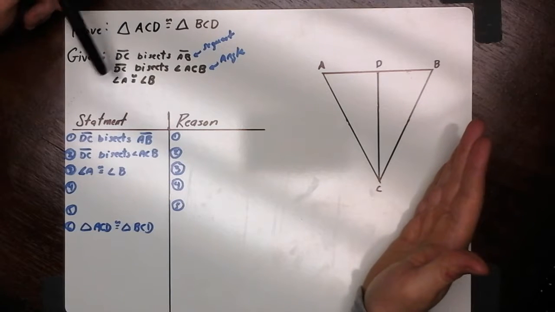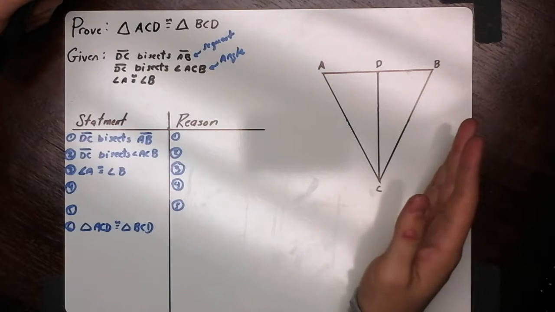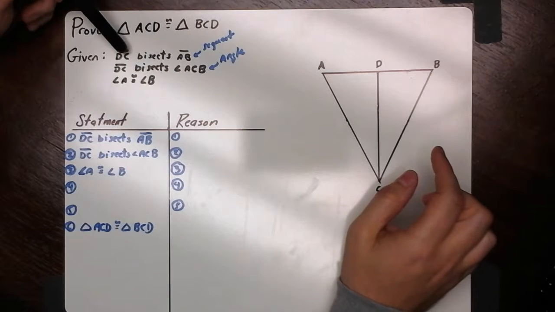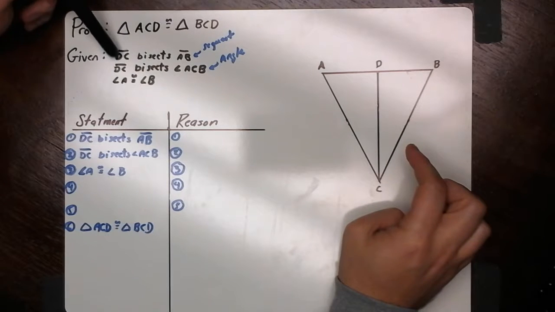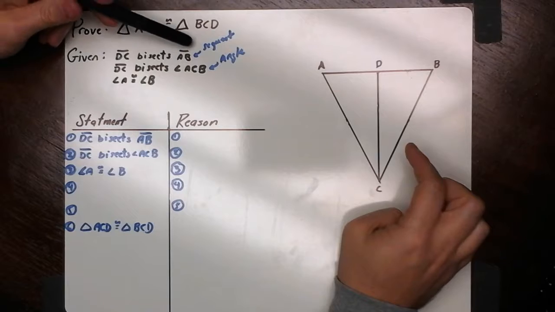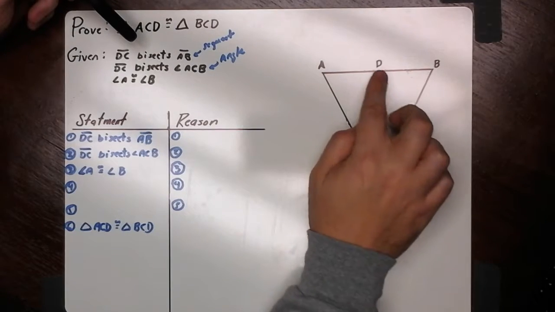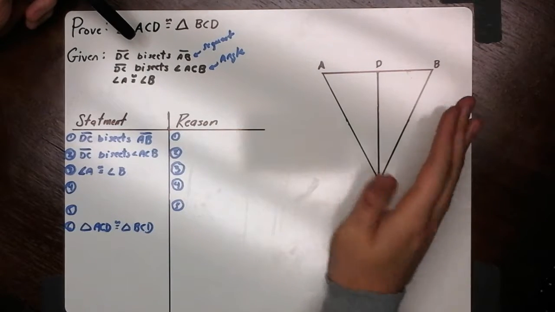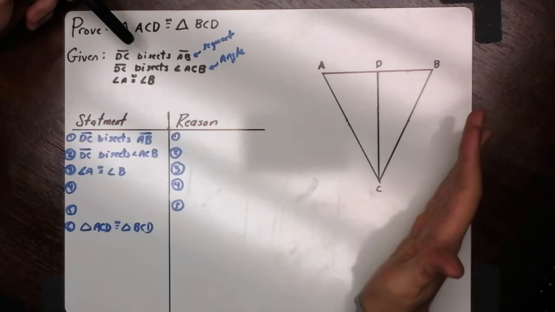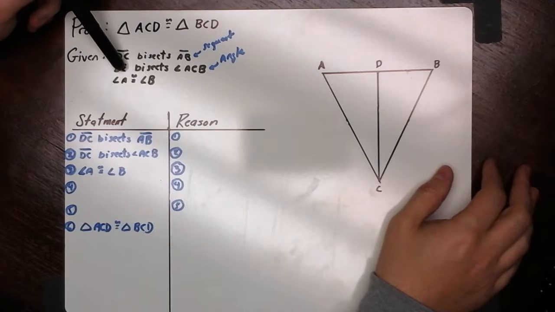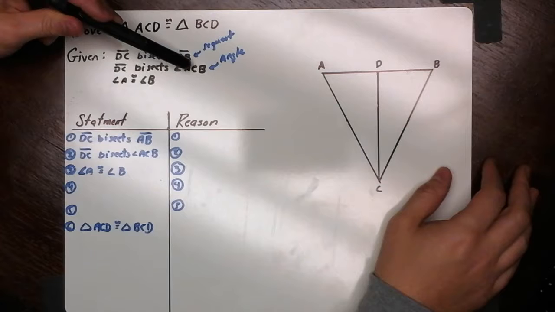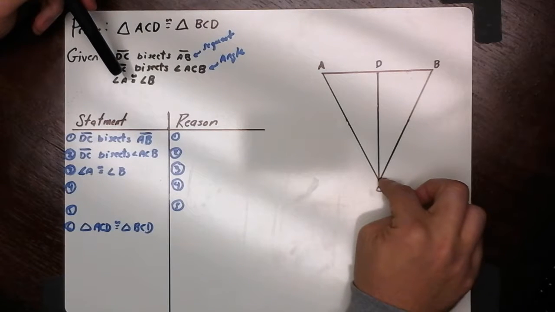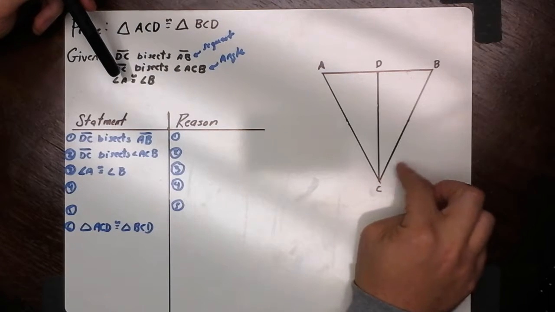So let's go back to the sandwich metaphor, or analogy, that I was using. DC is the knife, AB is the sandwich. So this knife is cutting that sandwich in half. The knife itself does not get cut in half. DC bisects angle ACB. That's happening here.